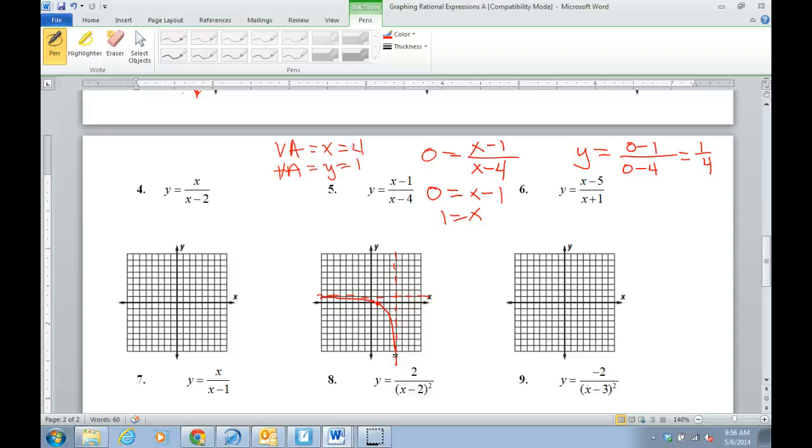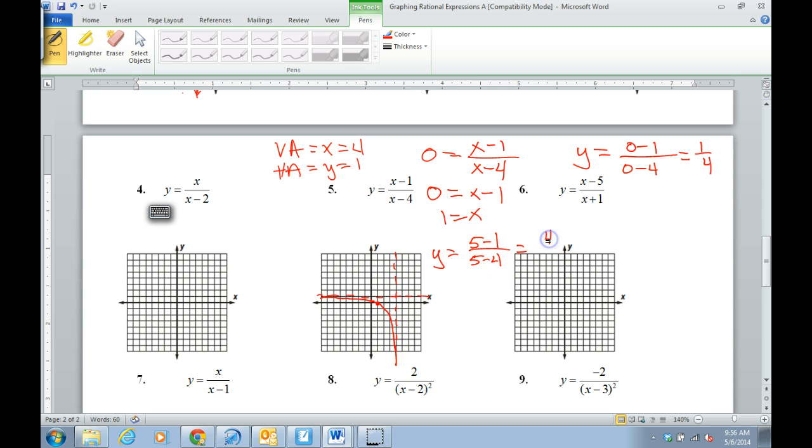Okay, before we go on to the next one, what happens on this side of the graph? So we need to plug in something. So let's plug in 5, maybe? So if I plug in 5 for x, you can pick any number above the asymptote line. So 5 minus 1 over 5 minus 4.